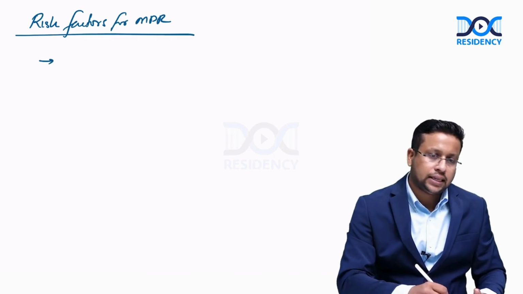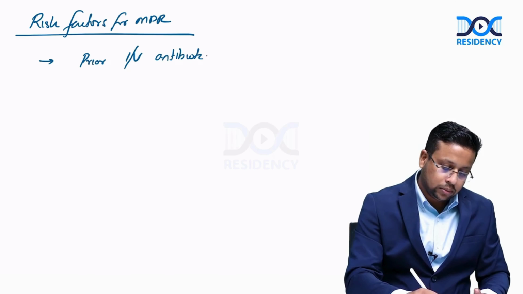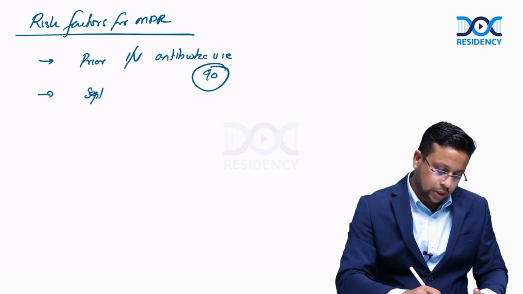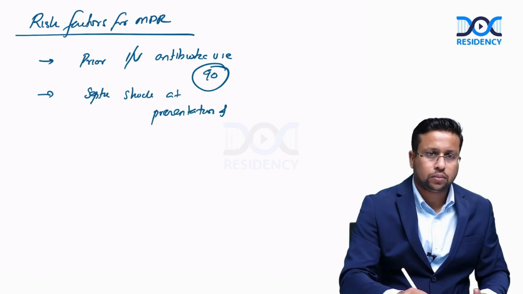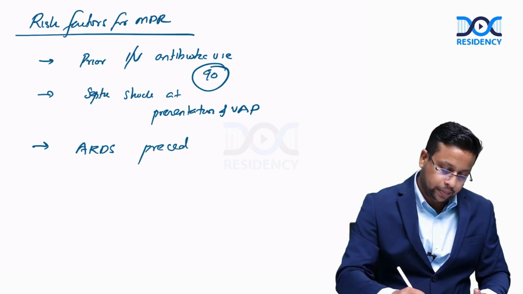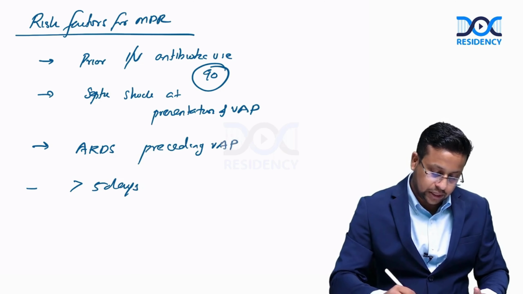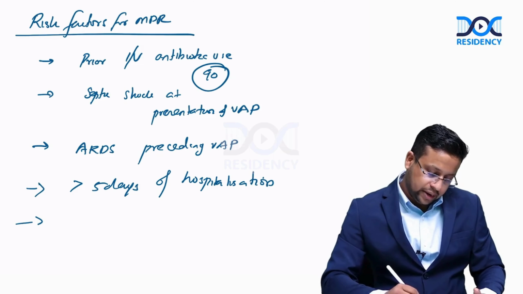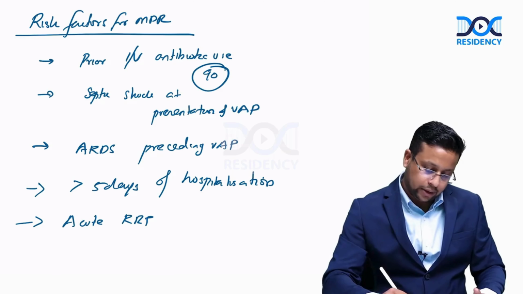If the patient has prior IV antibiotic use within the last 90 days, if there is septic shock at presentation of VAP, if there is acute respiratory distress syndrome preceding VAP, more than 5 days of hospitalization, or acute renal replacement therapy, that is dialysis, prior to VAP onset.